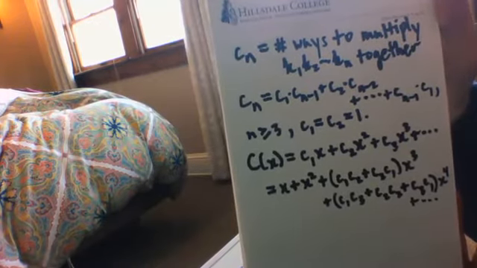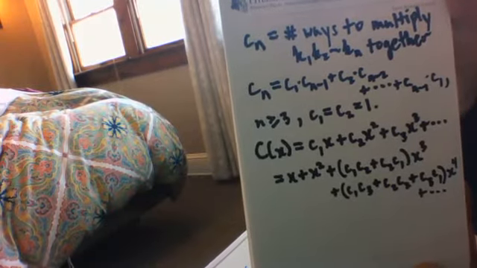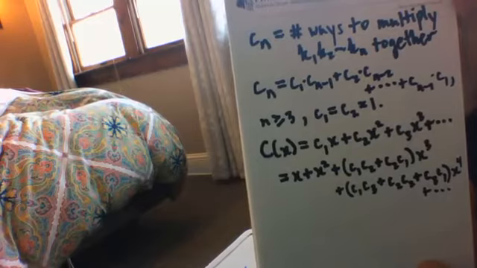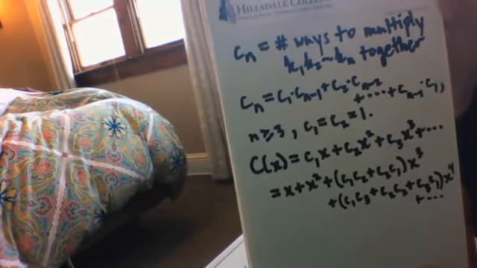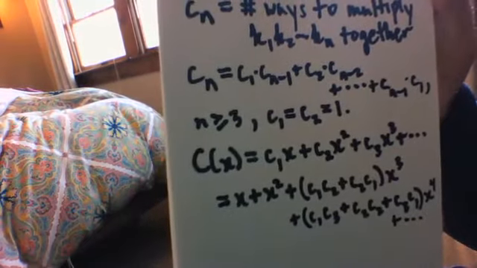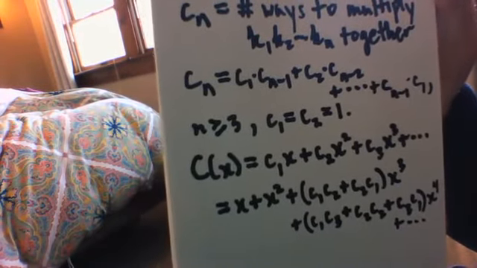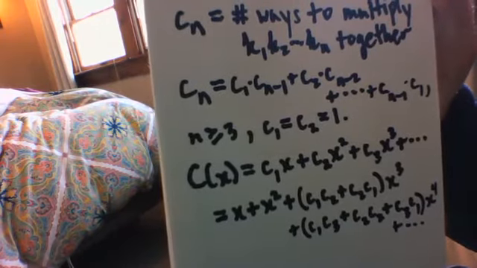So those first two terms are just x plus x squared. But then I can invoke the recurrence relation on the third coefficient. That's equal to C1 C2 plus C2 C1, and so that's really what's sitting next to x cubed. And I wrote the next term there just for completeness, namely that C4 is equal to C1 C3 plus C2 C2 plus C3 C1.